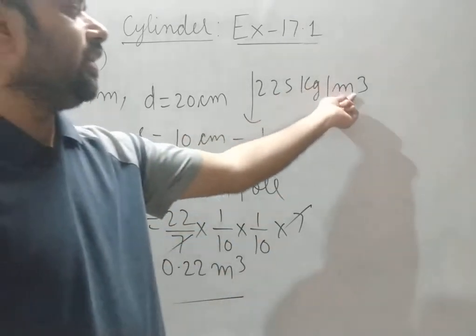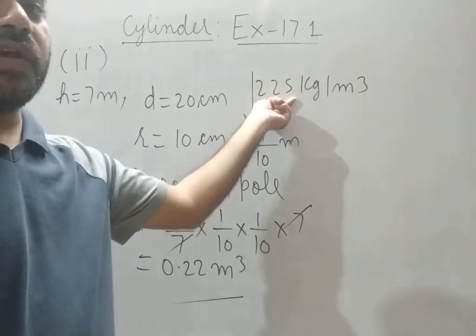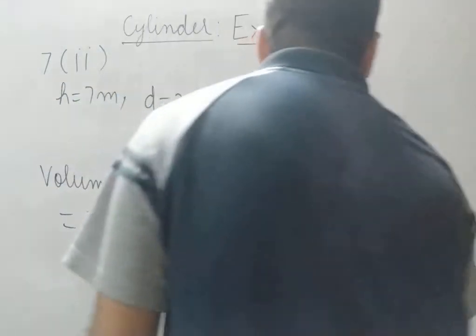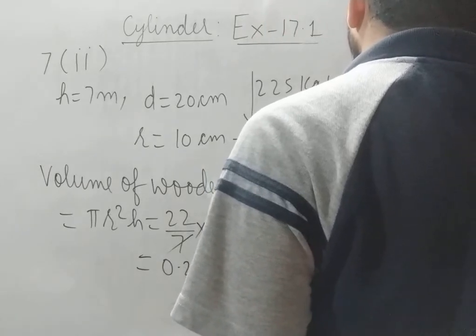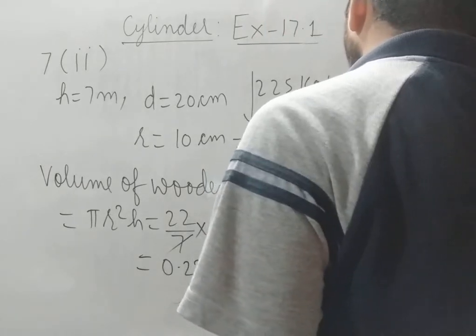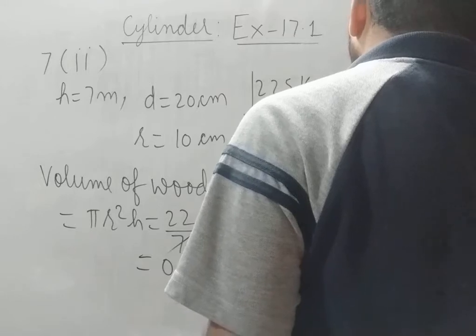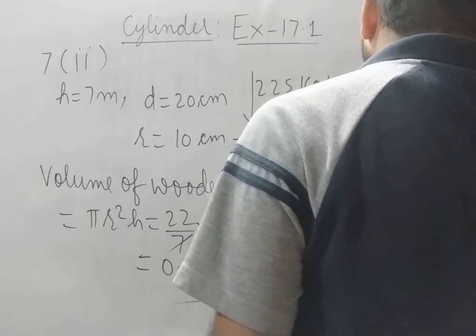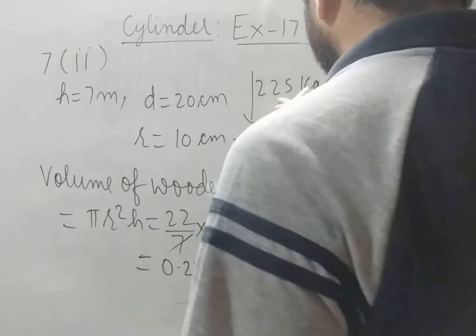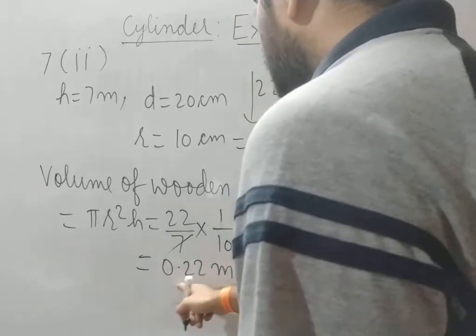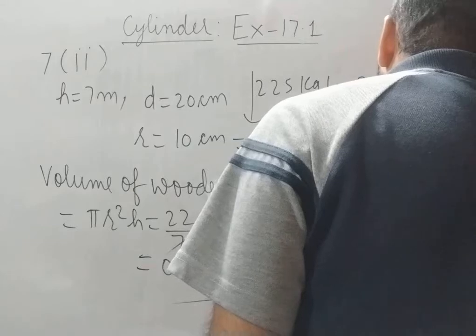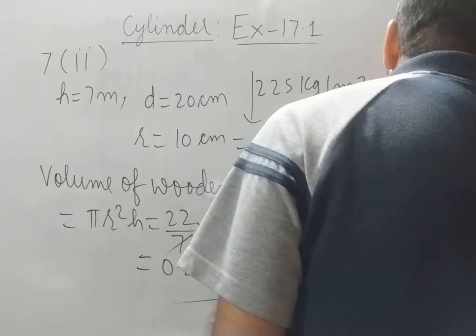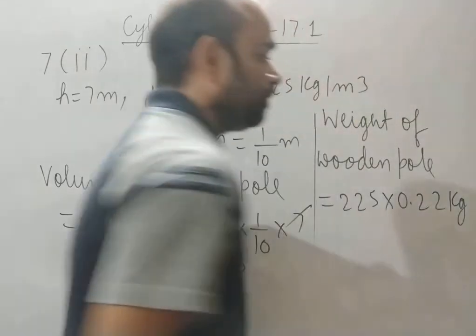Now for 1 meter cube, what is the weight? 225 kg. It means weight of the wooden pole will be, for 1 meter cube 225 kg, so for 0.22 meter cube, 225 into 0.22 kg.